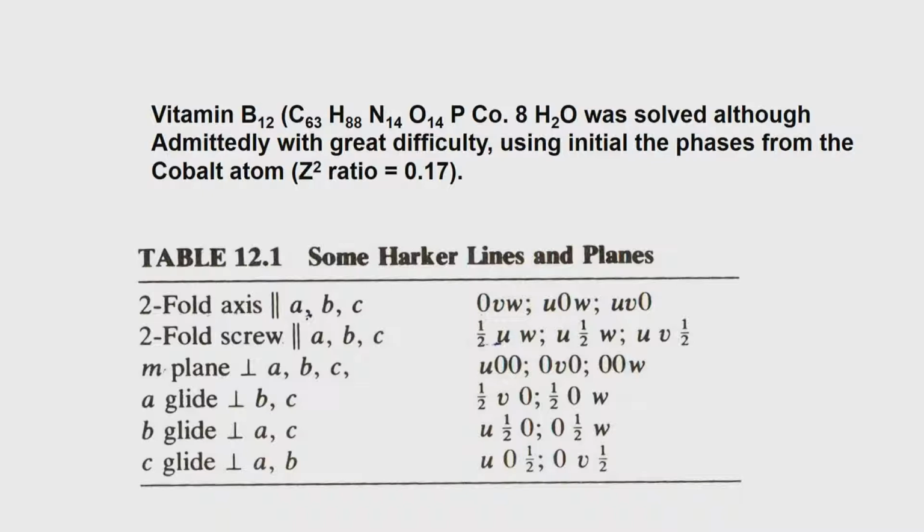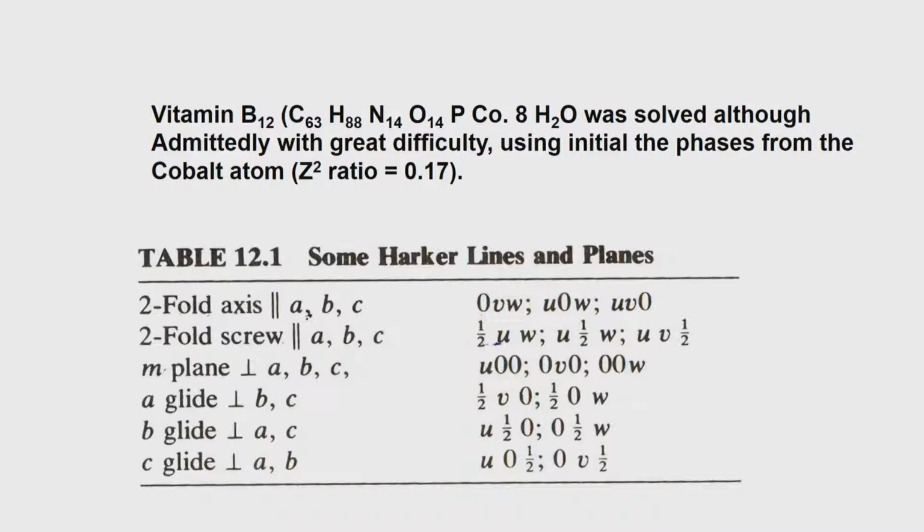When the Patterson maps are examined very carefully, and one looks at the projection as well as the axial regions of the vector map, since the vectors now define u, v, w as x1 minus x2, y1 minus y2, z1 minus z2, the interatomic vectors, the property of the vectors will be in such a way that they will also follow the symmetry, because the Patterson has retained the symmetry. The only issue now is, is there any way we can find out whether the system was associated with a two-fold screw or a two-fold axis.